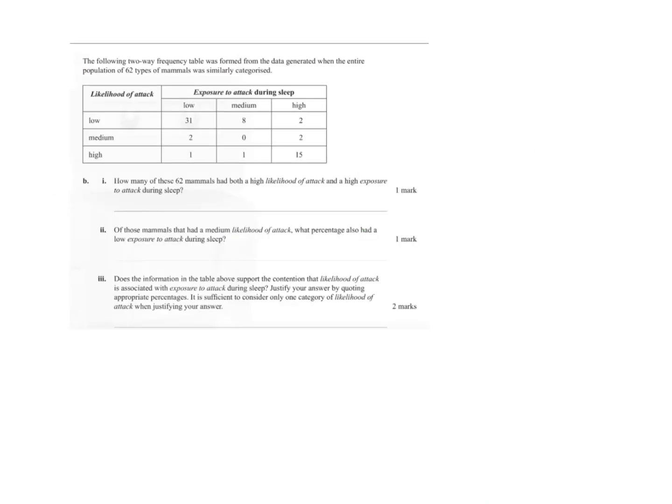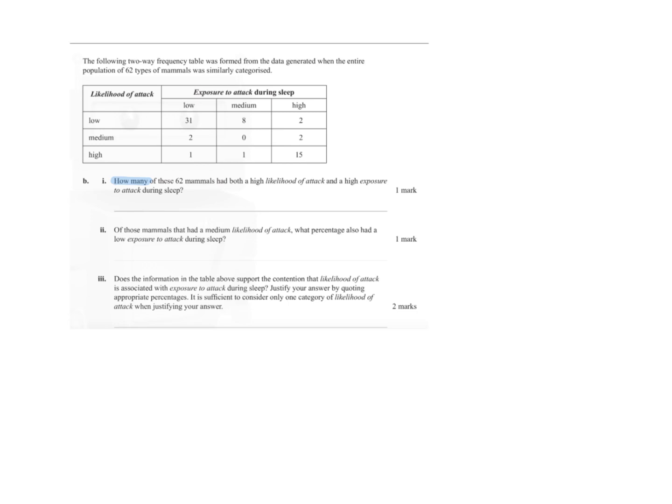All right, so the following two-way frequency table was formed from the data generated when the entire population of 62 types of mammals were similarly categorized. Okay, so we've got that. And it says how many, so this is where I'm saying you often have to highlight this, because it's not a percentage, it's just asking how many.